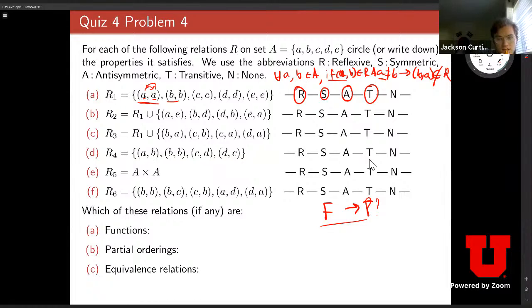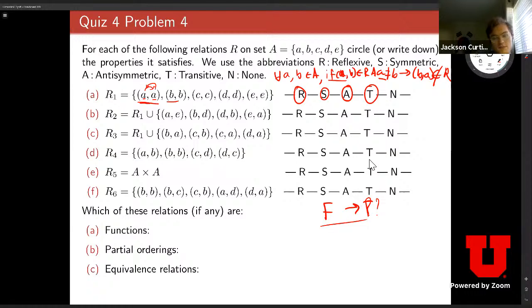Can I try explaining it? Yeah. So it's anti-symmetric because you have elements that repeat themselves, but anti-symmetric only looks for elements that aren't the reverse of each other when it's not equal to itself.